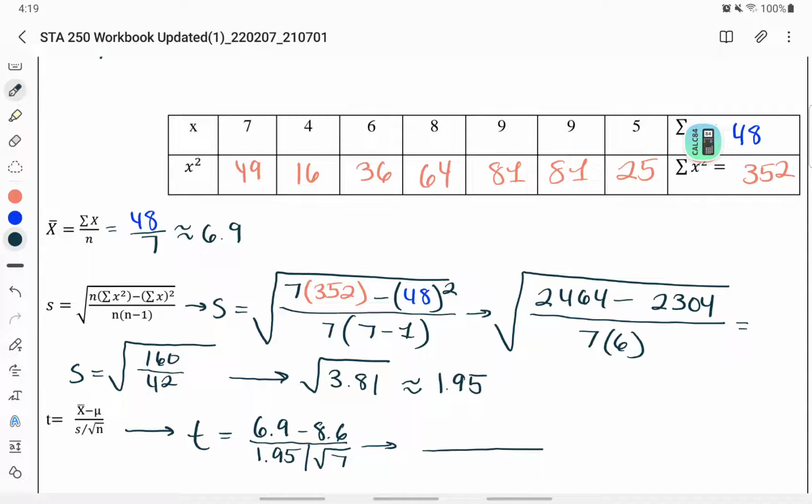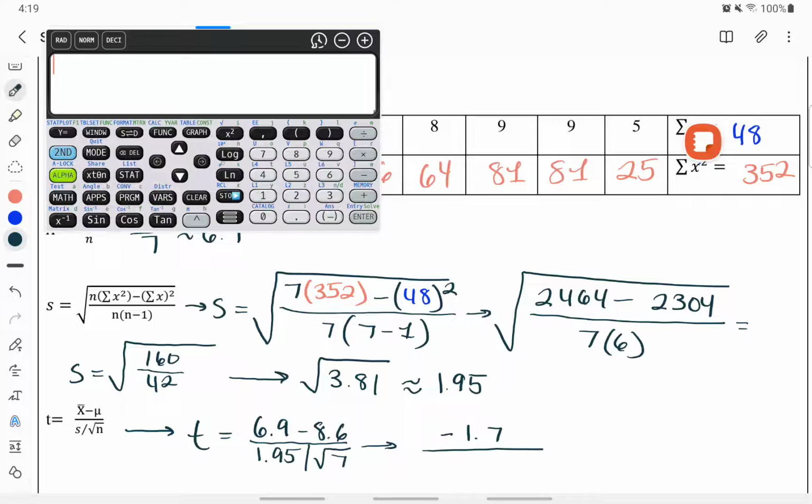My numerator, 6.9 minus 8.6, is negative 1.7. 1.95 divided by the square root of 7. Let's take 3 numbers after the decimal. It's going to be 0.737. Let's divide the top and round to 3 numbers after the decimal.